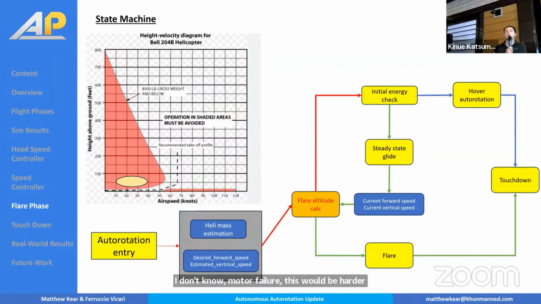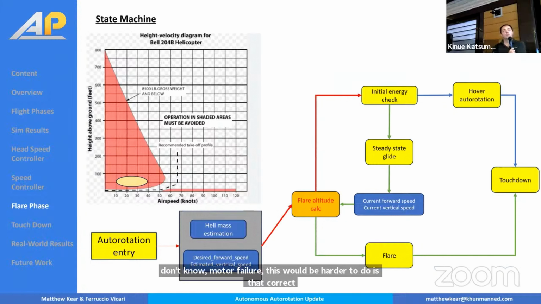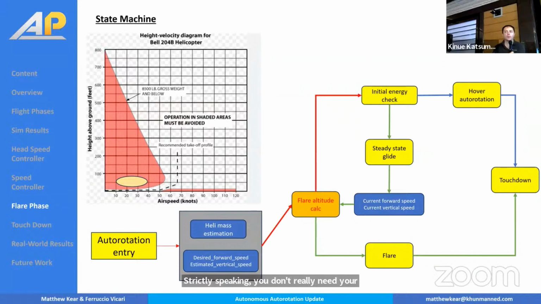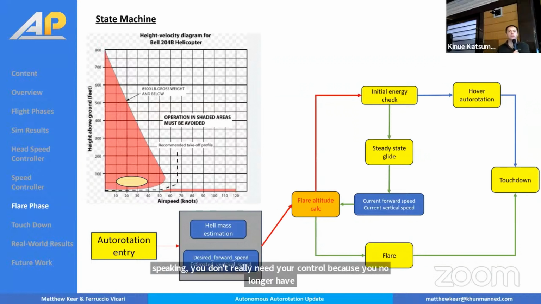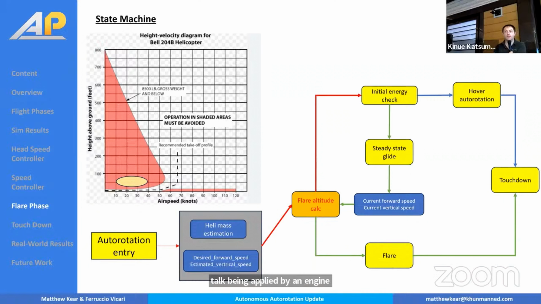So strictly speaking, you don't really need yaw control because you no longer have torque being applied by an engine. So you wouldn't have directional control, but the autorotation is also used in a tail rotor failure case. The vast majority of machines have a gearbox that links, so it's driven off of the main rotor head.